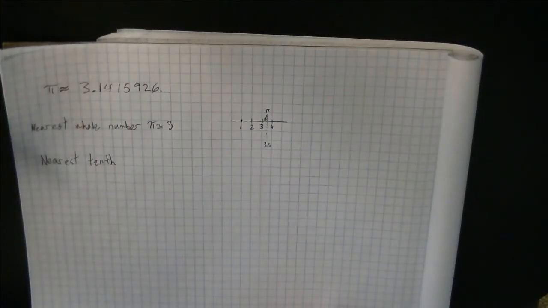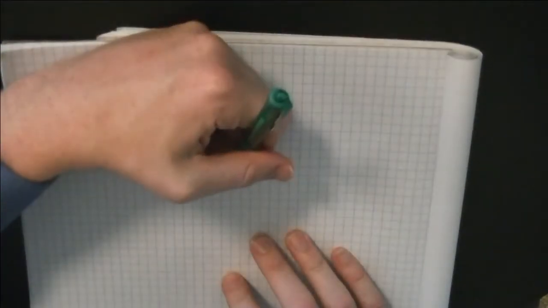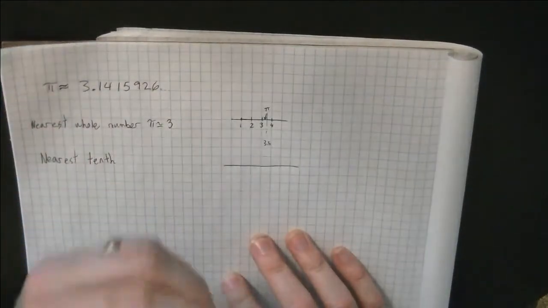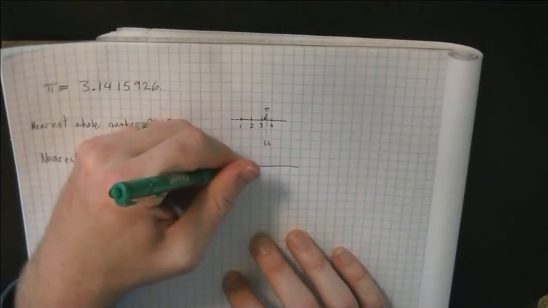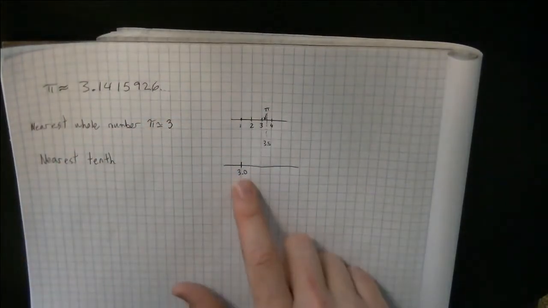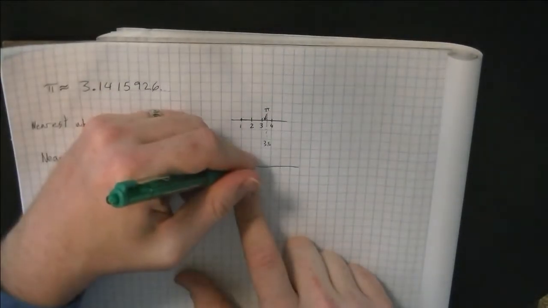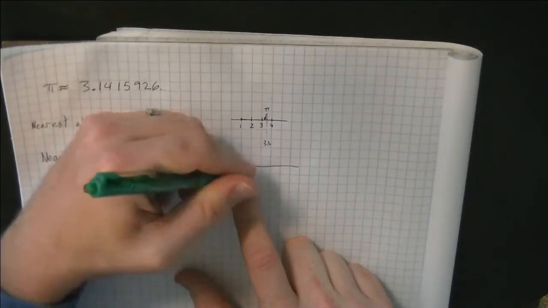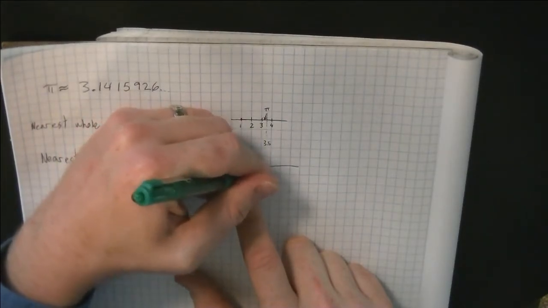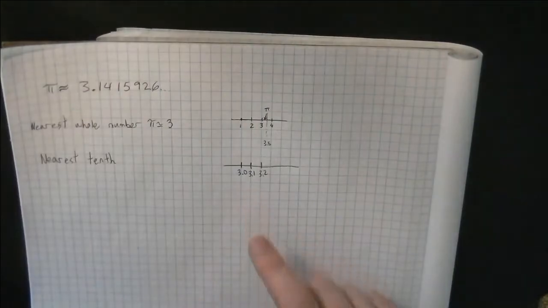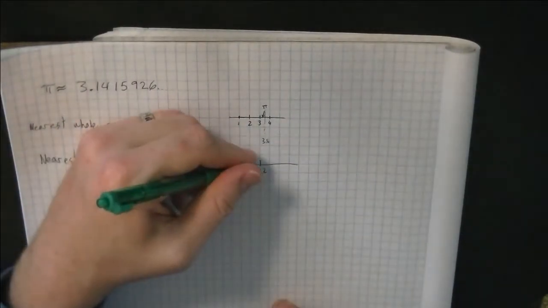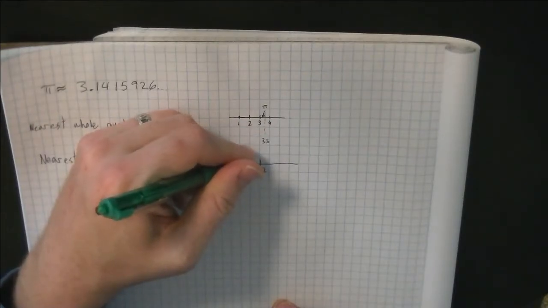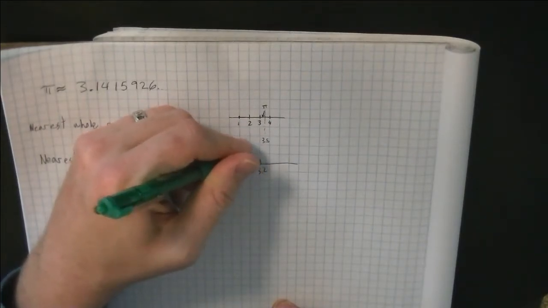So if we're rounding this to the nearest tenth, then instead of whole numbers on our number line, we're going to look at just numbers to the tenth. So 3.0, 3.1, 3.2, and so on. And pi is between 3.1 and 3.2. It's somewhere around here. This is pi.